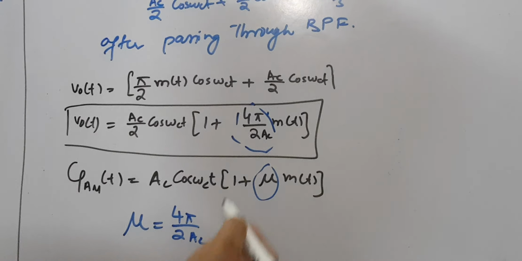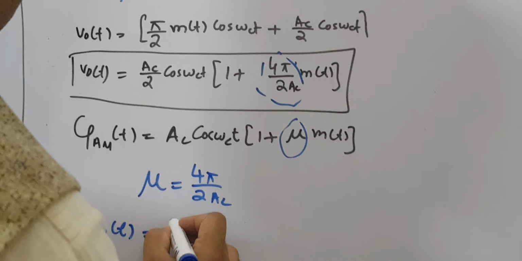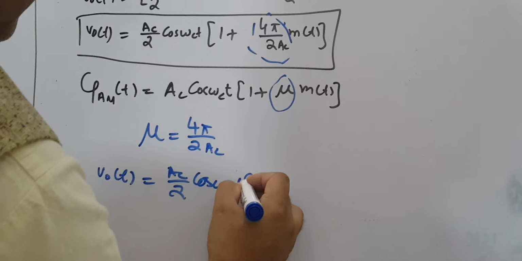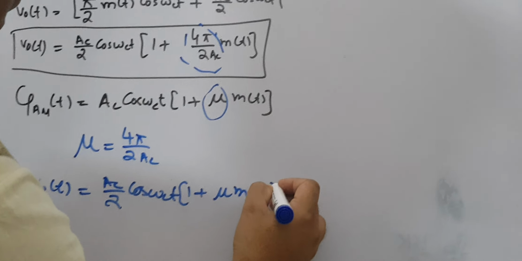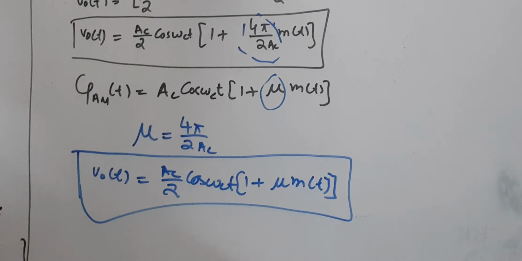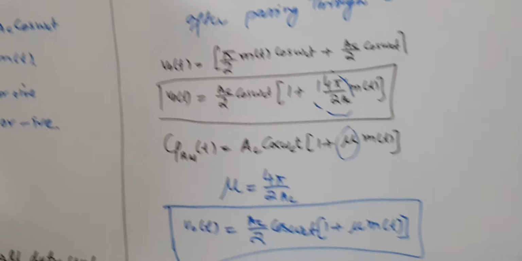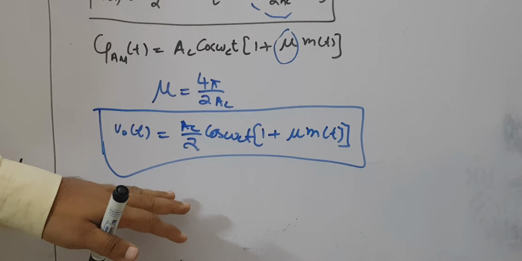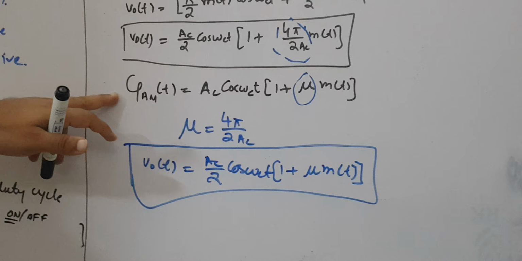So if we replace that part here, you will end up with the equation A_c/2 cos ω_c t [1 + μ m(t)]. So you see, that is the output of the switching circuit. It is equivalent to the amplitude modulated output.